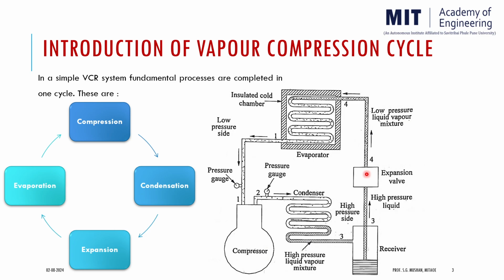So in the expansion process, the saturated liquid will change to the mixture phase, and in the evaporator section, the mixture will change back to vapor state by absorbing the heat in this particular evaporator chamber. And in this evaporator chamber only, we will get the cooling effect. That is our main motive. So in this way, this cyclic process takes place and the vapor compression process takes place.